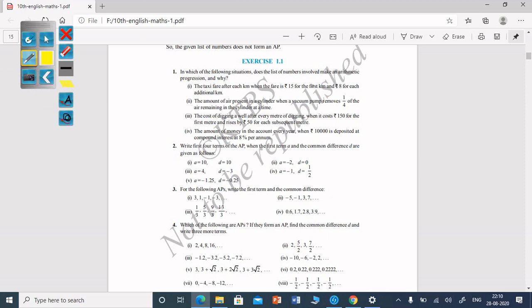You have to write the list of numbers for the situation, the amount of money in the account every year, when 1000 is deposited at compound interest at 8% per annum.